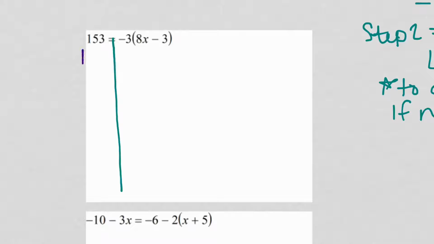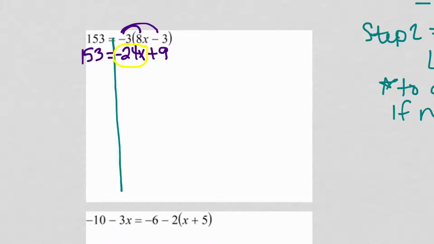My 153, there's nothing I can do there, so it just hangs out. I take negative 3 times 8x to get negative 24x, and negative 3 times negative 9 to get a positive 9. Another reminder, if you're not quite certain on your negatives and positives, use a calculator. Circle what you're solving for.